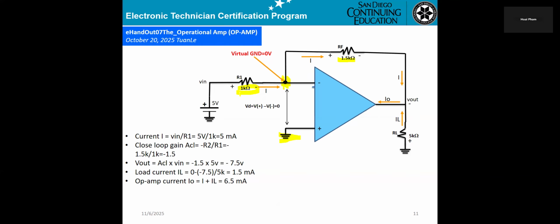And the current I going from 5 volts to this point is 0. Okay, and this current cannot go down. The thing is V1 at virtual ground and V2 at ground are at the same voltage, so they cannot flow down. They cannot flow into the op amp, high input impedance. So they go up. You see that? You get a current I going up.